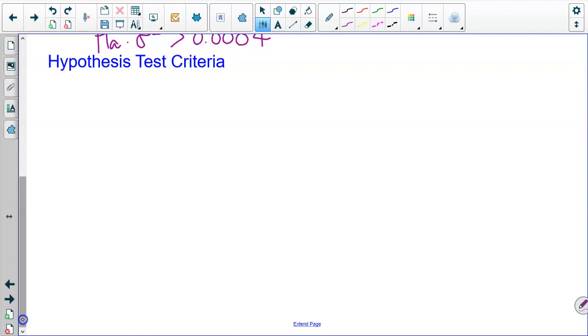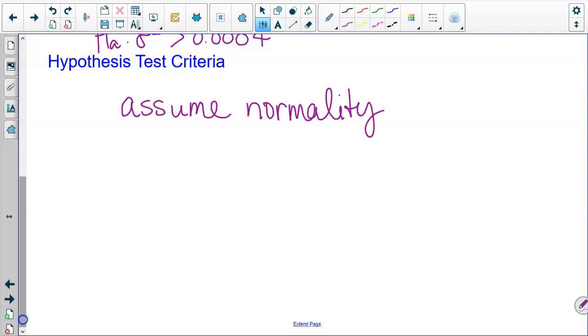The higher your sample size is, the more it starts to approach the normal curve. As we got to degrees of freedom of 20, it looked pretty normal, didn't it? So as long as your sample size is large enough, we're going to assume normality.